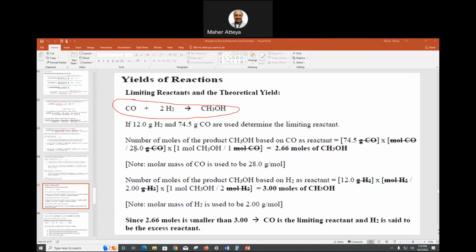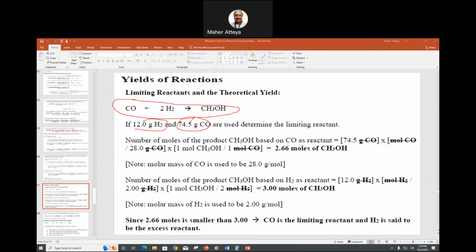So if I have 12 grams of the reactant hydrogen, and I have 74.5 grams of CO. What is CO? What's the name of CO? Carbon monoxide. Perfect.